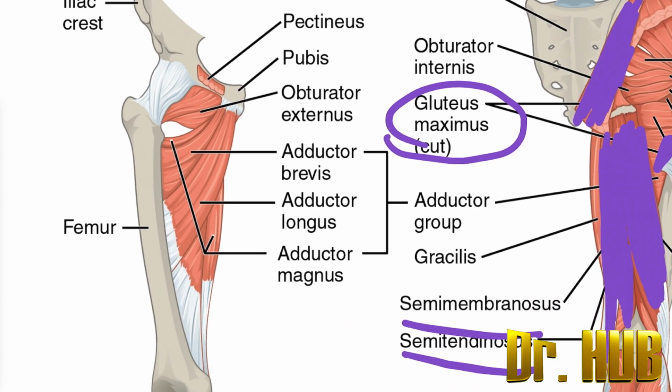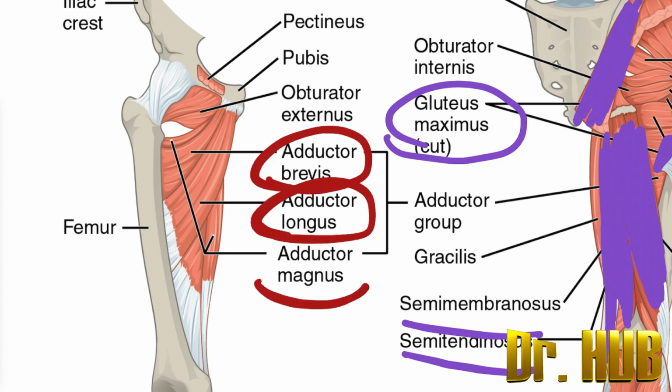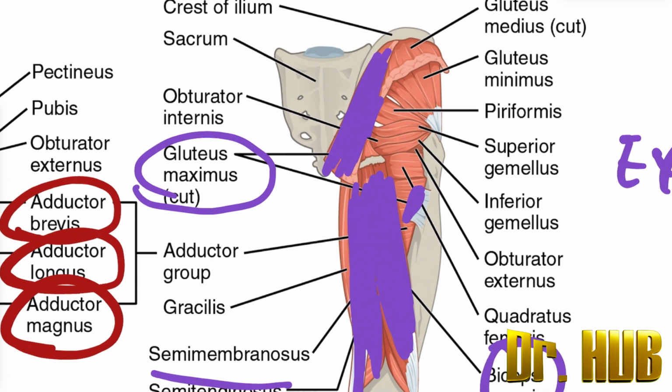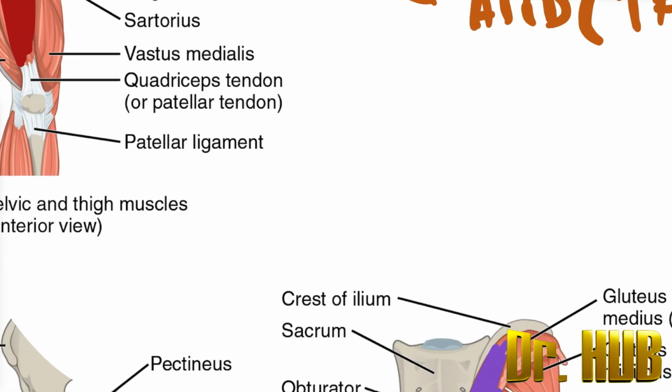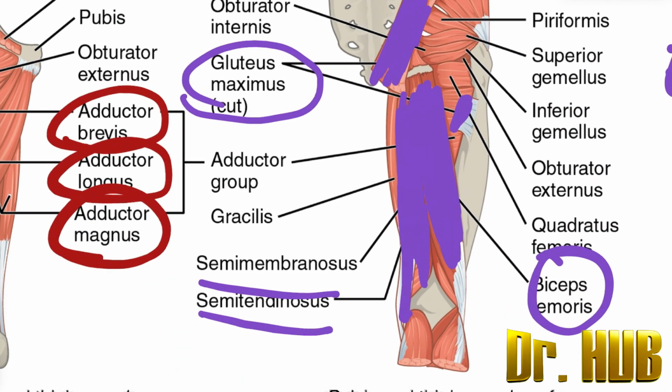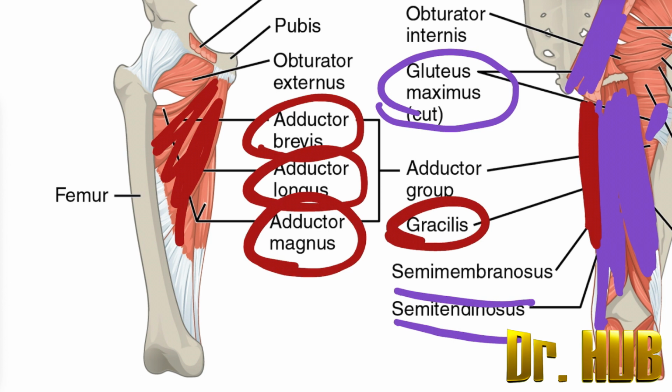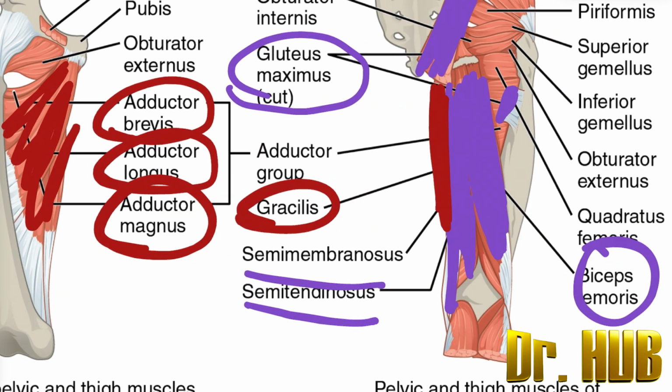In terms of adduction, we have the adductor brevis, adductor longus, and the adductor magnus. As the name suggests, it is for the adduction. As well as there is presence of the gracilis. So where do we have gracilis? Gracilis is present here. So gracilis and the adductor muscles are involved in terms of the adduction.